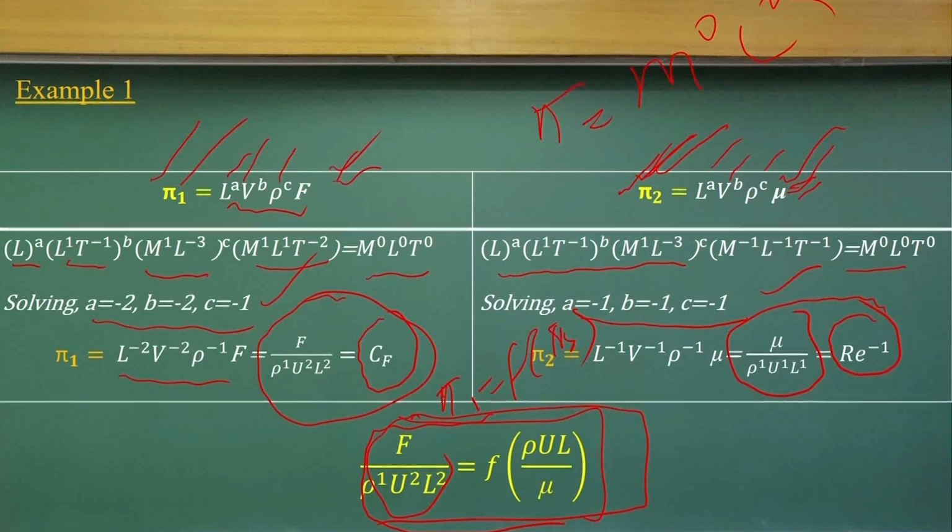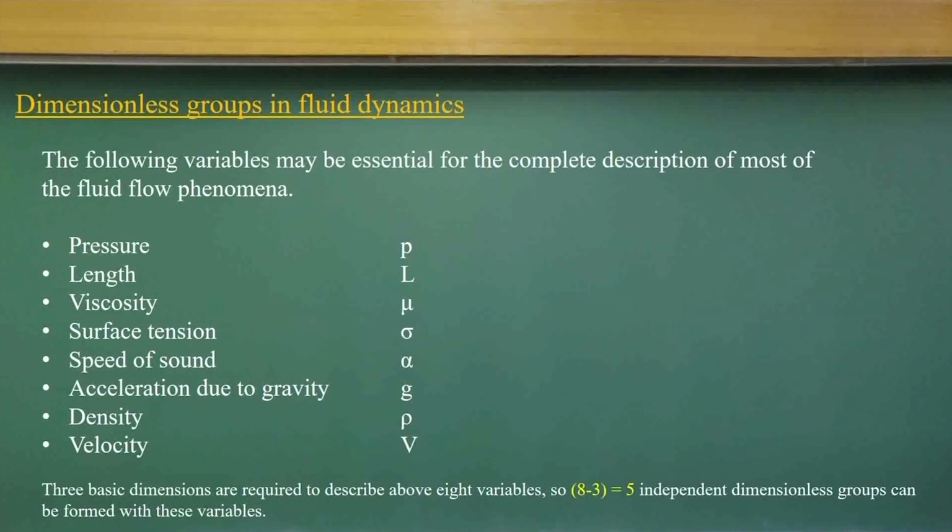So, in a similar way, let us see what variables we generally get in fluid flow phenomena. As I told earlier, when we talk about fluid flow problems, mostly we talk about the velocity and the pressure field.